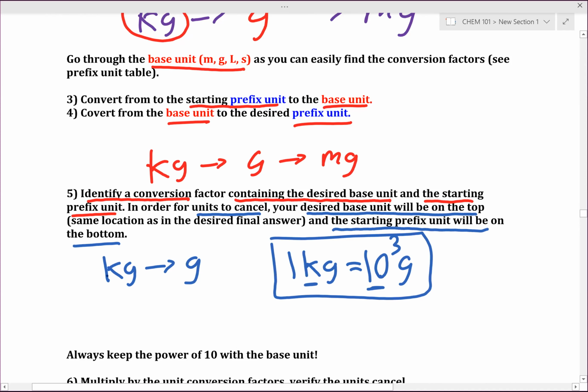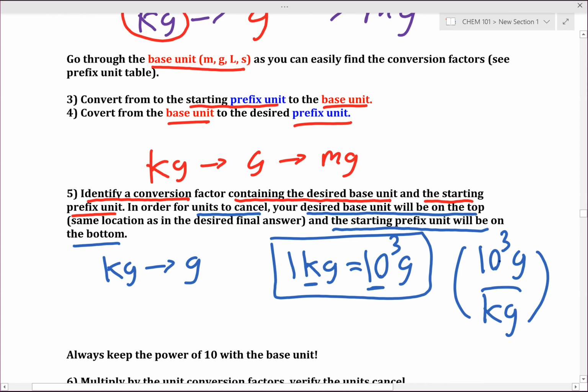Our next step is to make a conversion factor. So if we're going from kilogram to gram, what unit is going to be on top? Grams. So we're going to make a ratio with grams on top. So we have 10 to the third gram. And what's going to be on the bottom? Kilogram. Does that make sense how it works? Your arrow points in the direction of what unit you need on top.